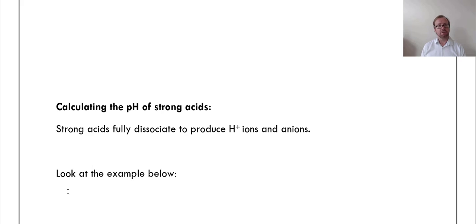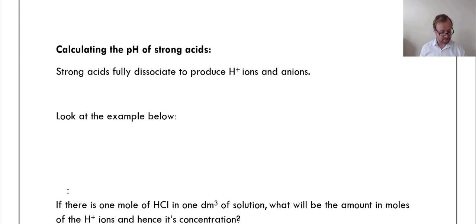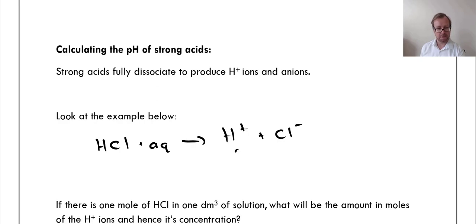So calculating the pH of strong acids. Now we know that strong acids fully dissociate to produce H+ ions and anions, and we've already seen this example. So HCl(aq) will form H+ Cl-.